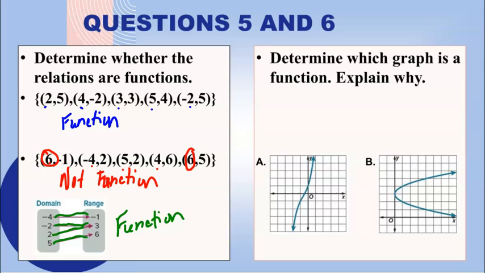Question 6. Determine which graph is a function and explain why. So if they're giving us a graph, we can just draw a vertical line through it and use the vertical line test. If it crosses once, like this one, this is a function because it passes the vertical line test.